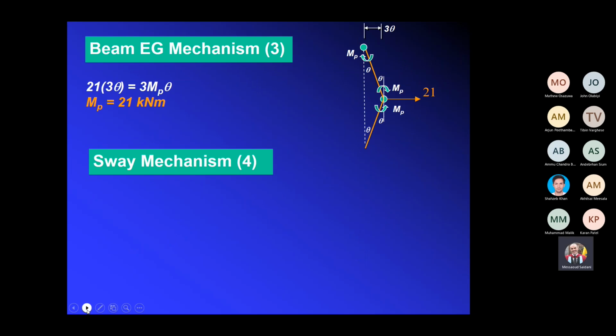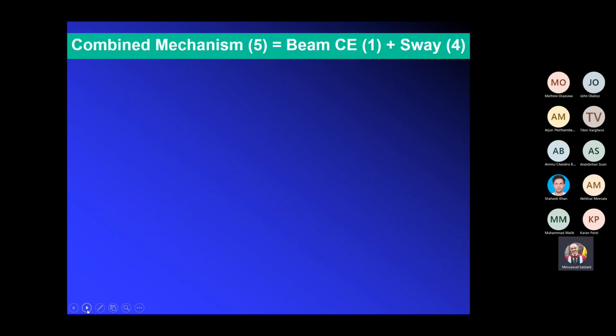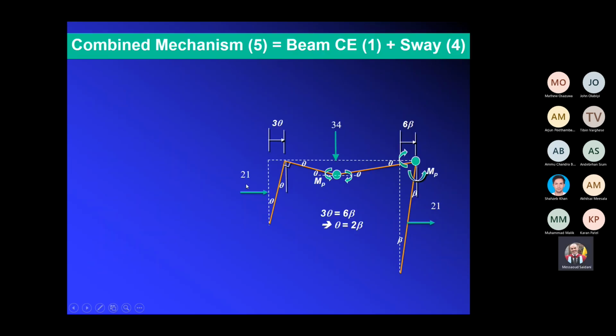You see when you put these two together? Let me go to the actual mechanism. I just need to explain this on it. See here, if I combine this mechanism with this beam mechanism, can you see that this member and this member here will come closer to each other? Do you agree with that? Yes.